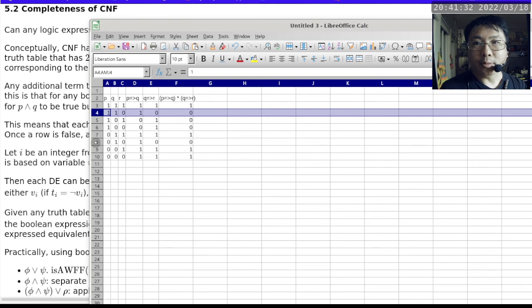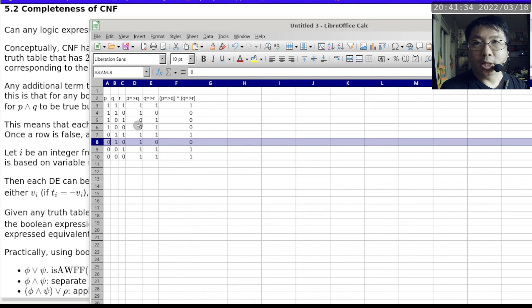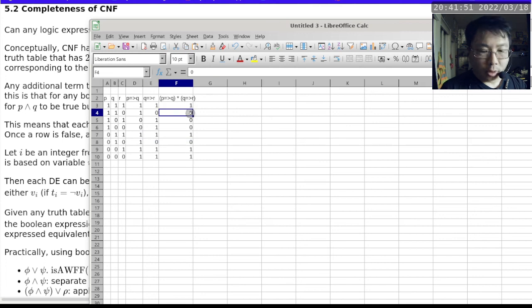Another example is this one, right? P implies Q is true, but because Q implies R is false, the conjunction of the two is also false. So that means as you add more terms to a conjunction, as you're anding more terms, you're basically turning more values of the expression to be false.